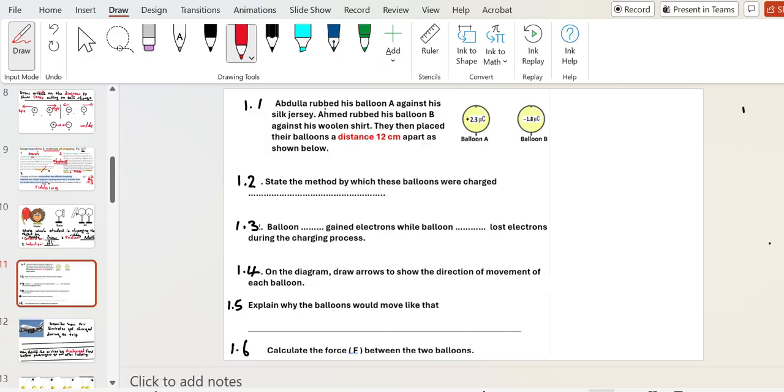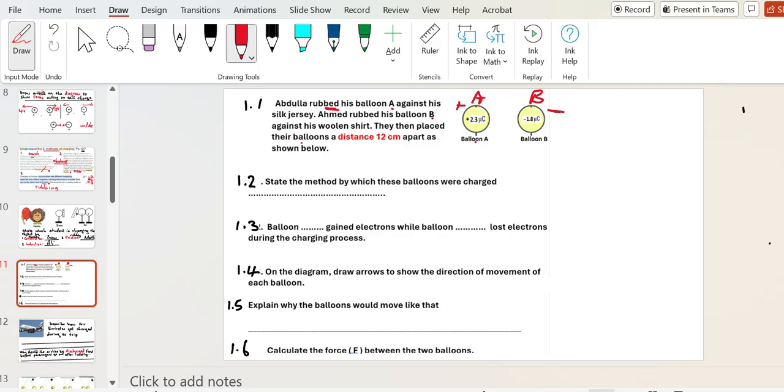Abdullah is rubbing balloon A against a silk jersey. Ahmed rubbed balloon B. This is A and B. You can say A is positive, B is minus, negatively charged.